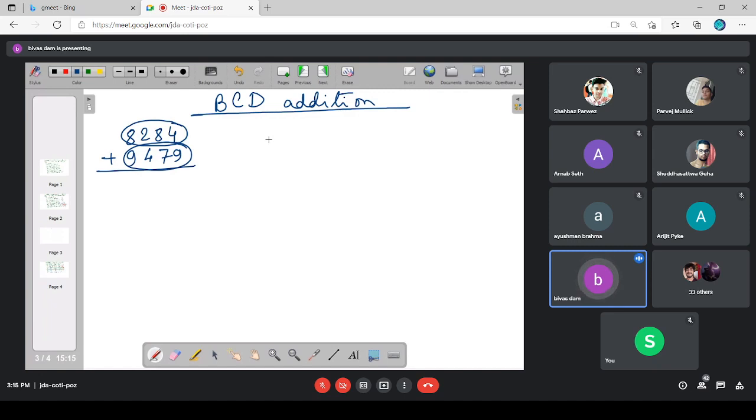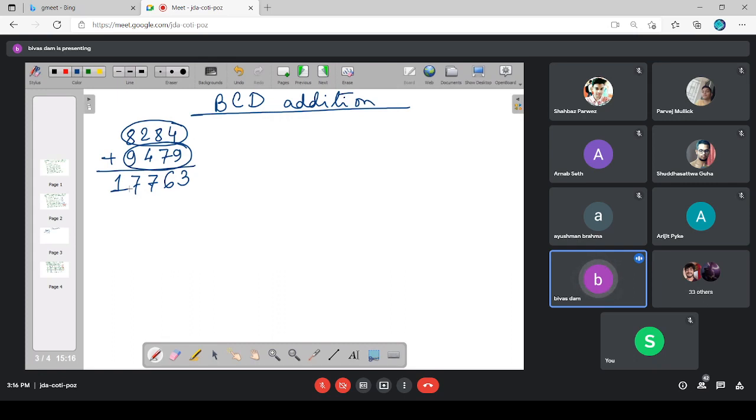But our intention is to realize the final result to be 3, then 6, then 7, then 7, then 1. Ultimately, from the addition, we should have the result of 17763 in BCD format.